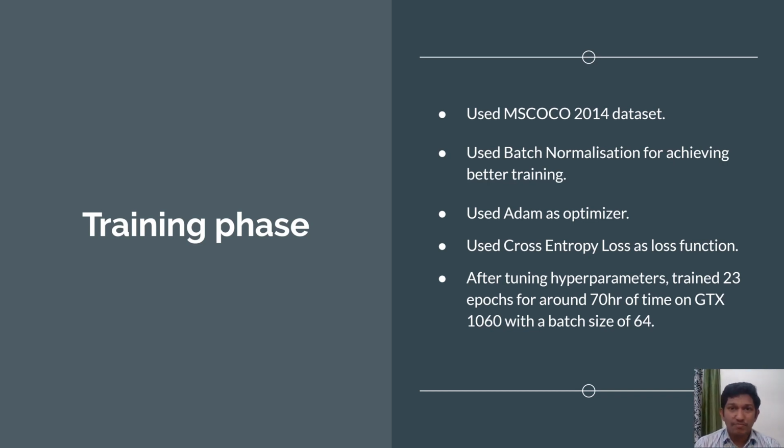We used Adam as an optimizer for this. An optimizer is what drives the training process in such a way as to reduce the loss. And moving on, we used cross entropy loss as our loss function.